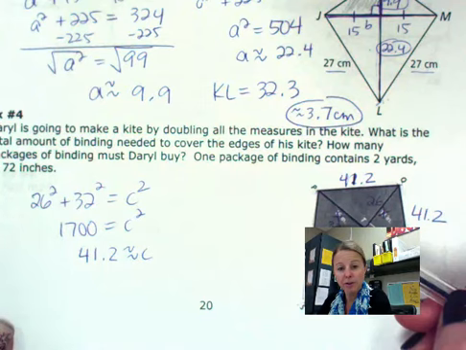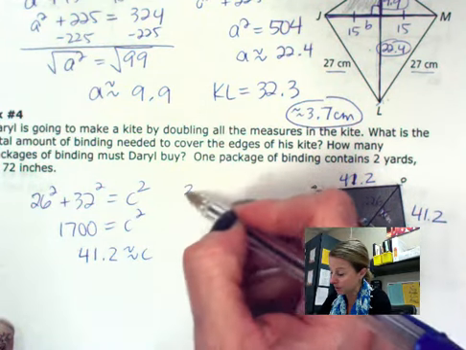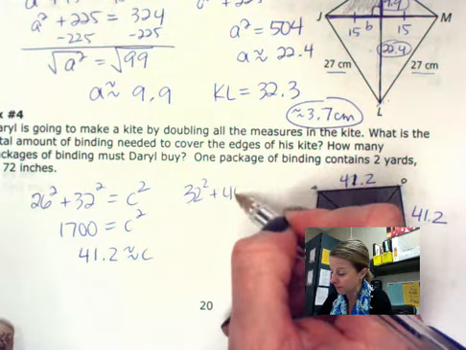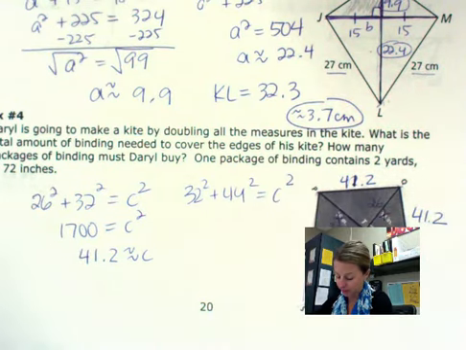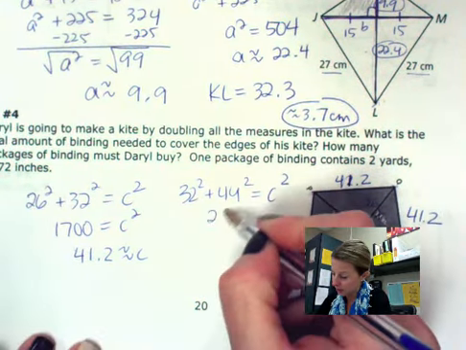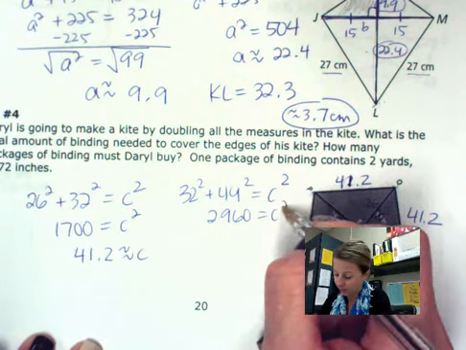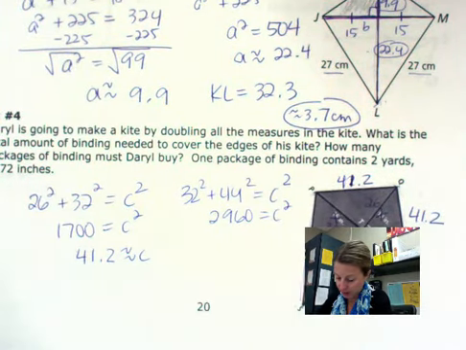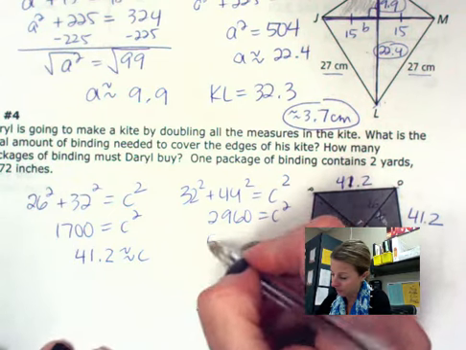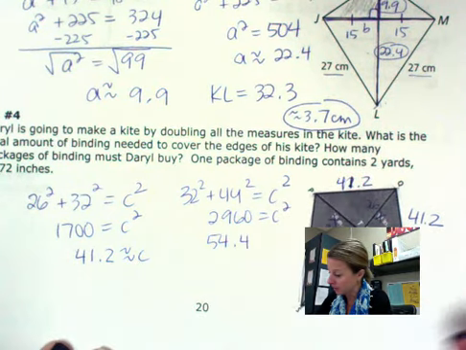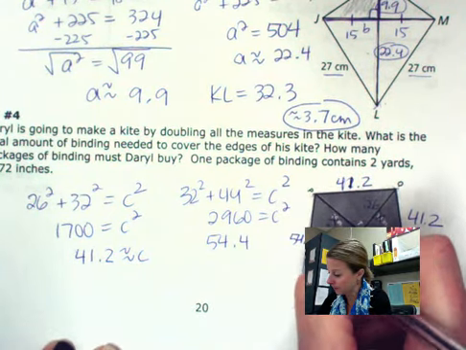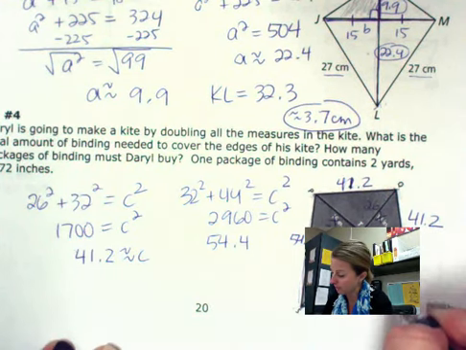So I'm going to be doing 32 squared plus 44 squared. Okay, so 32 squared plus 44 squared is 2960. So square root that, and you have about 54.4. So I have 54.4 here, 54.4.